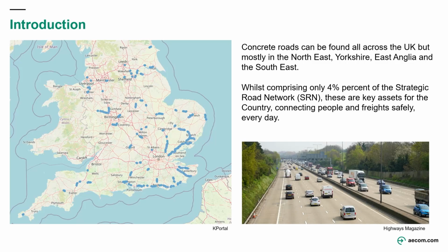Probably because of that reason, they haven't been the priority for many years. And as they come to the end of their residual life, these roads, because of different reasons and probably because of the low need of maintenance through their life cycle, people had just thought that they would last indefinitely.